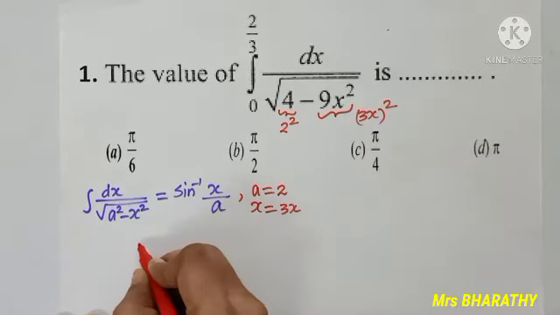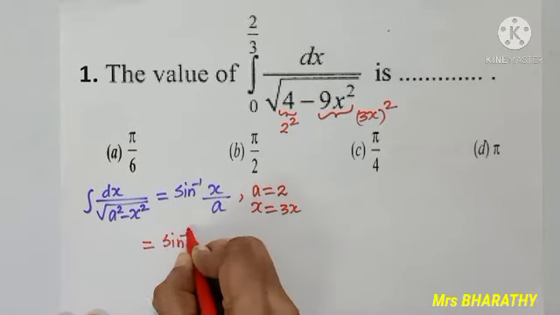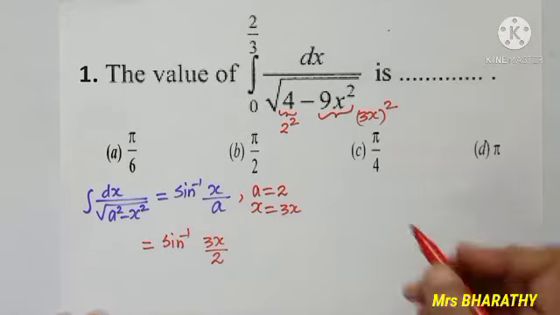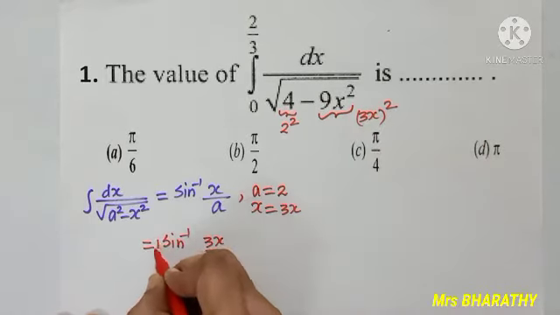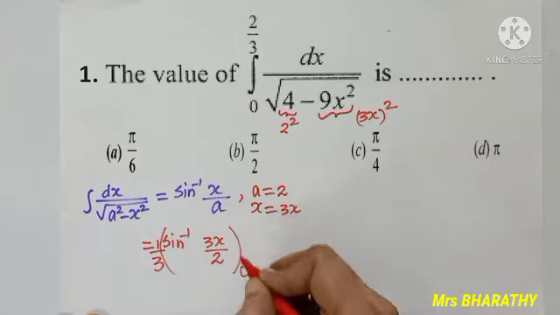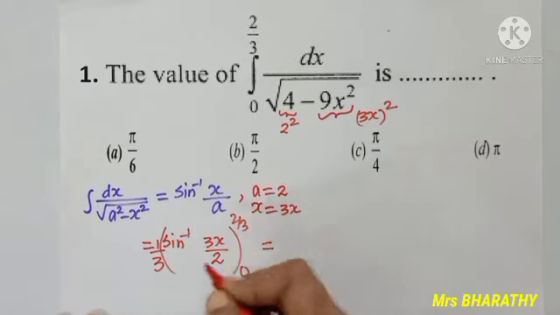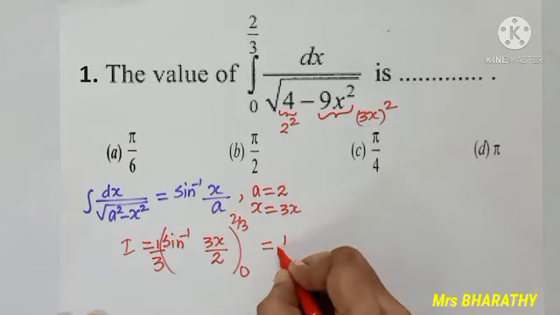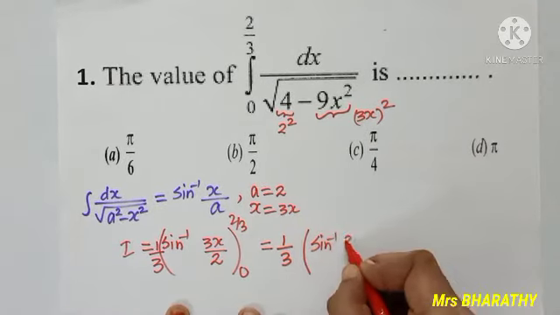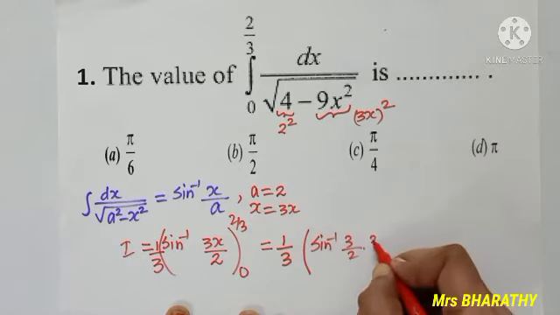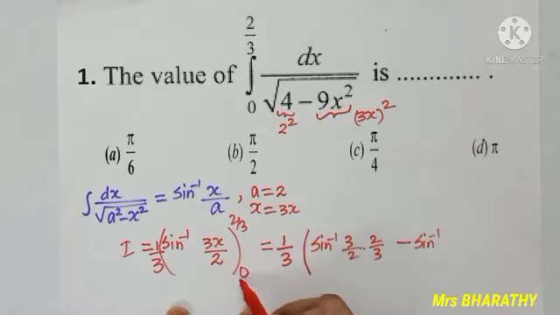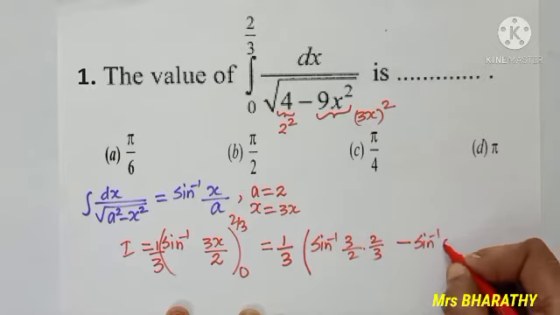Just substituting in the formula, we get sine inverse 3x by 2. Whenever we have 3x, remember to put 1 by 3, between the limits 0 to 2 by 3. As we substitute the limit, it is 1 by 3 into sine inverse of 3 by 2 into 2 by 3, minus sine inverse of x value 0, which is 0 into anything, 0.